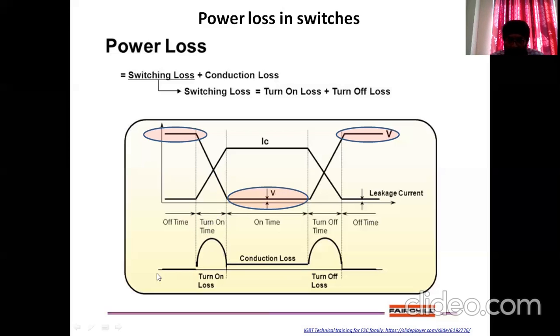So the blocking loss is very small, followed by a transition loss, which becomes higher at that particular instant. And then the conduction loss, which has some finite value, greater than the off-state loss, which is the turn-off loss.